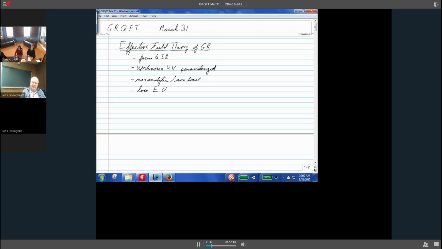You could get out predictions that are independent of the high energy theory. So these are low energy theorems of quantum gravity. They're most often small, but this is the content of GR, of quantum GR.